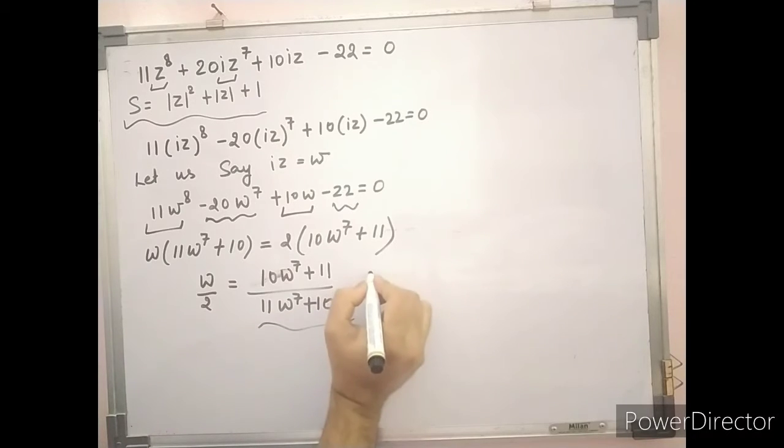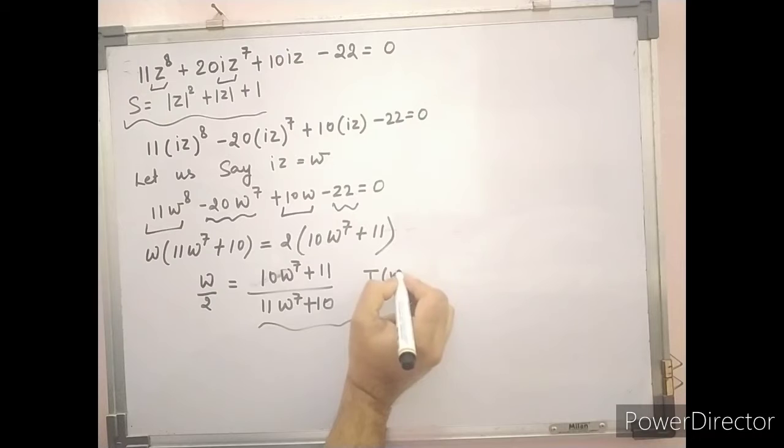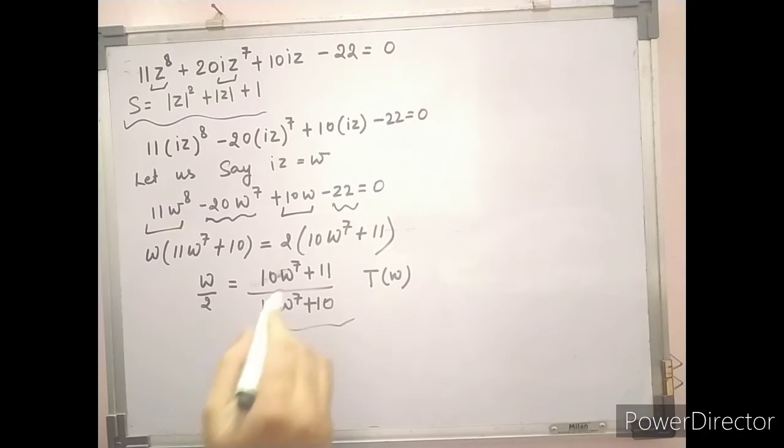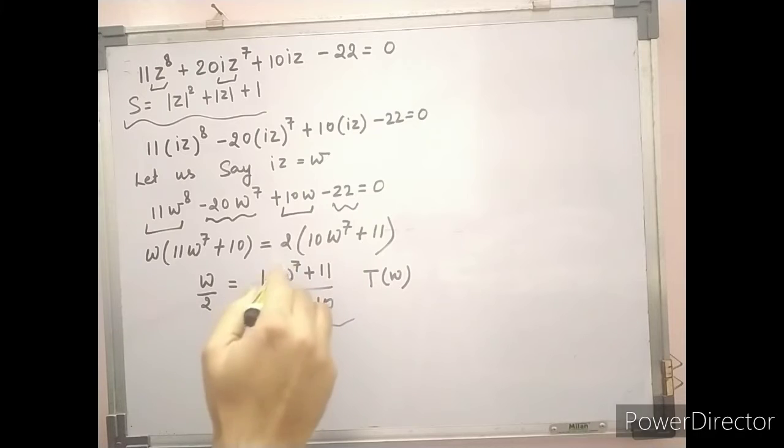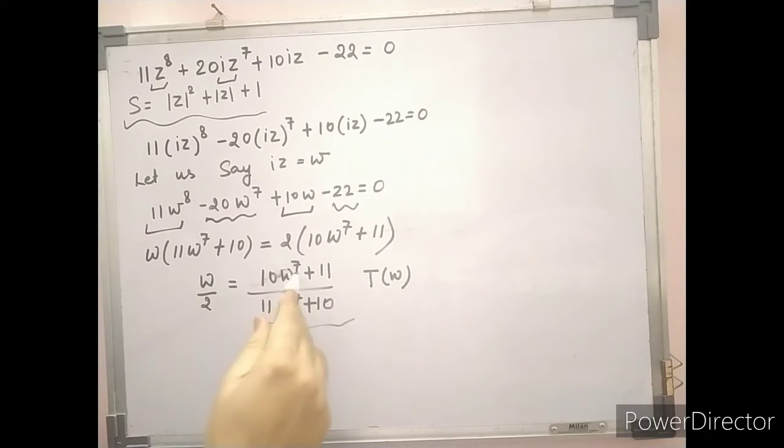This can be written as T of W, right? And this particular fraction can be written as something like AW plus B over CW plus D. So with W to the power 7 as beta, we get A beta plus B over C beta plus D, like this.